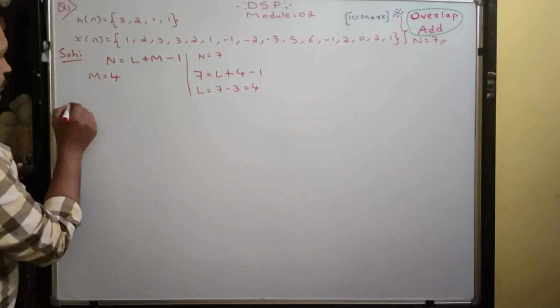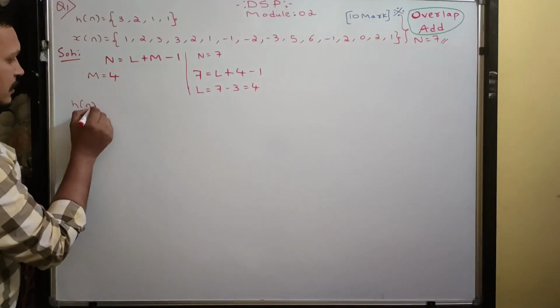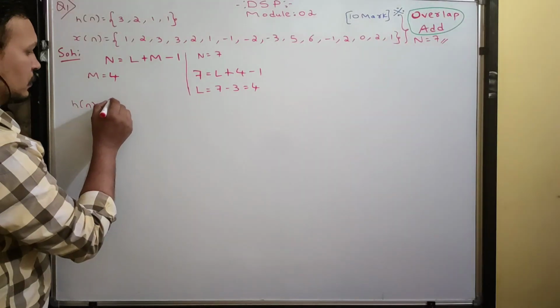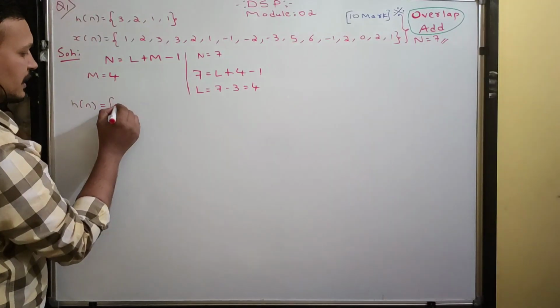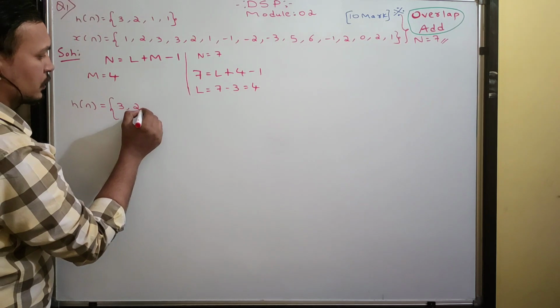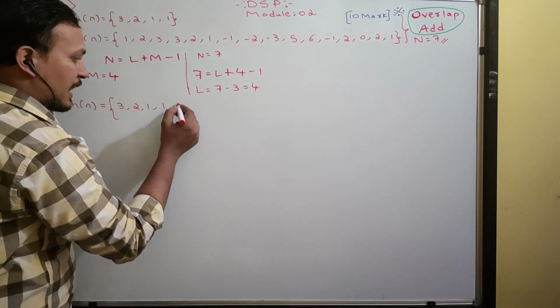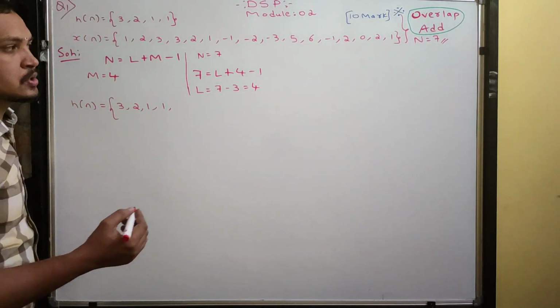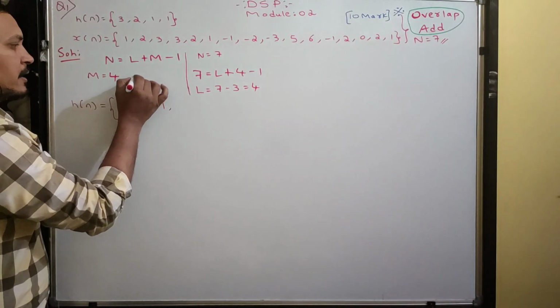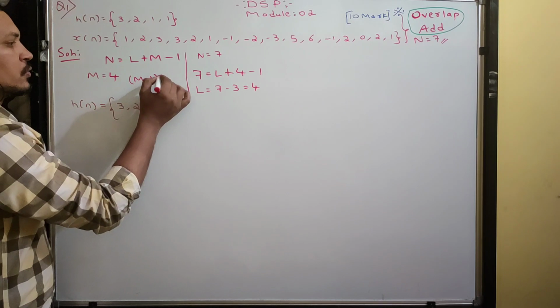Therefore you can write h of n as whatever is given in the question, as it is: 3, 2, 1, 1. Then you should add zeros. How many zeros? You should add M minus 1 zeros.